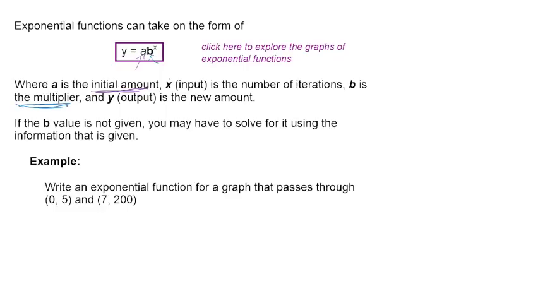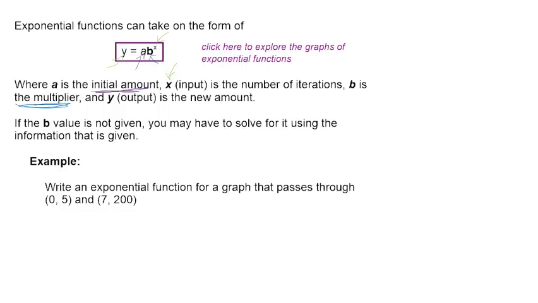And x is our input, y is our output. So if the b value is not given, you might have to solve for it, and we're going to solve for it using kind of what we did previously.